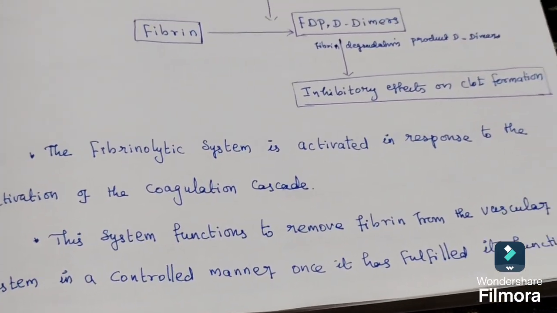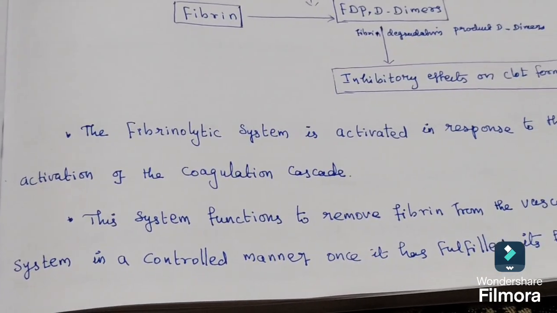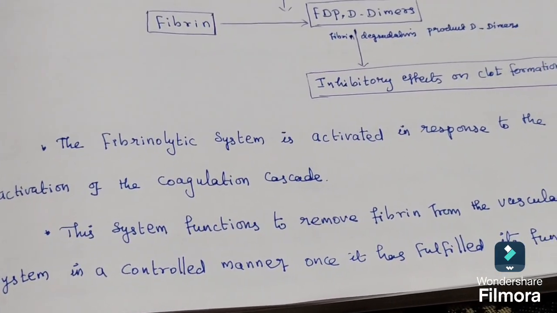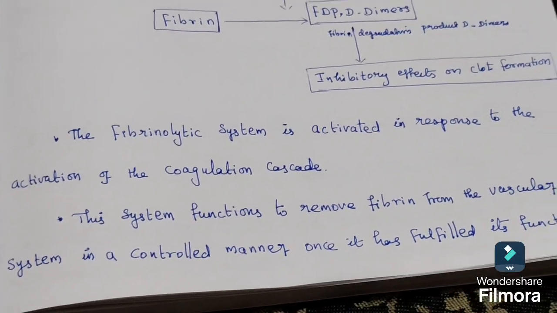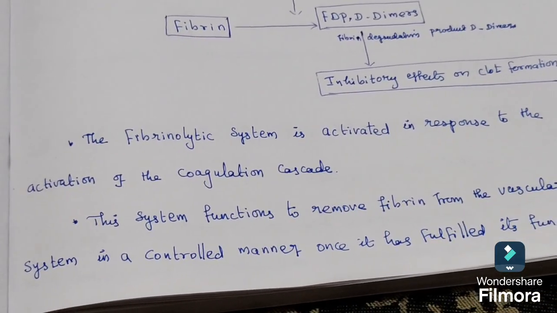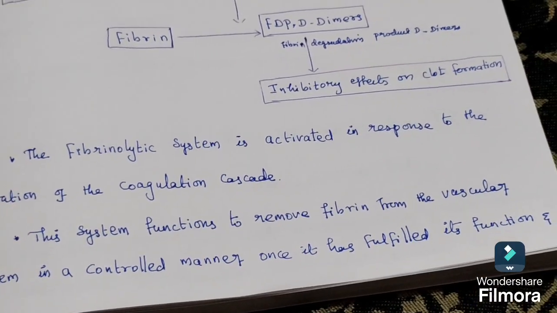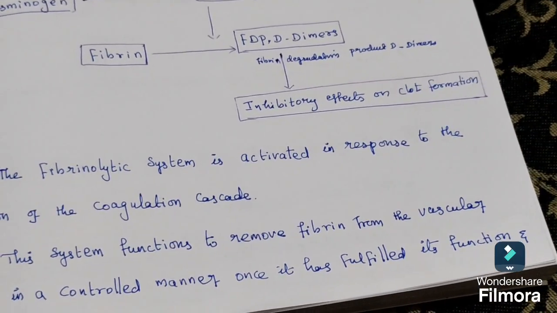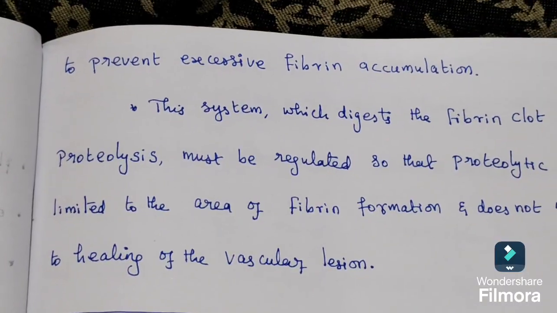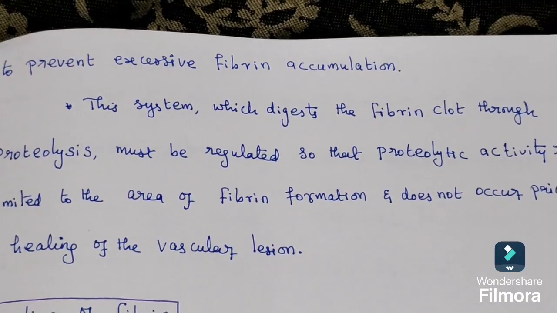The fibrinolytic system is activated in response to activation of the coagulation cascade. This system functions to remove fibrin from the vascular system in a controlled manner, once it has fulfilled its functions, and to prevent excessive fibrin accumulation.